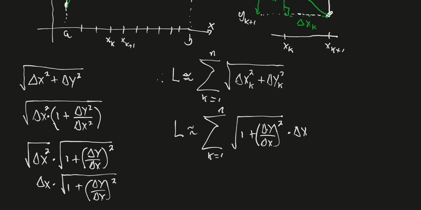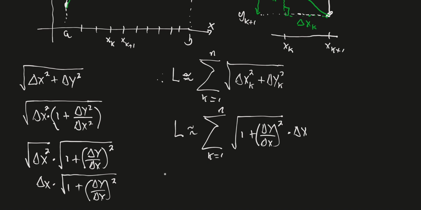Assuming differentiability, this thing, if I make my delta x very, very small, will converge to the derivative of y with respect to x. And then we know our delta x's converge to dx's, the differential, right?